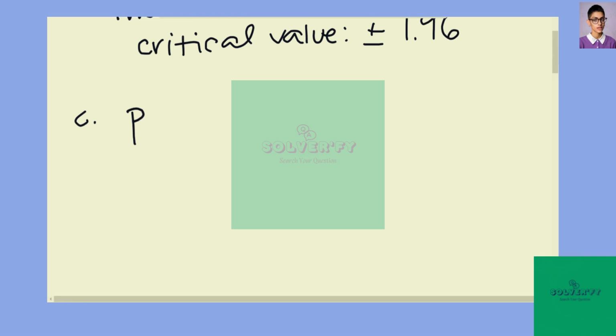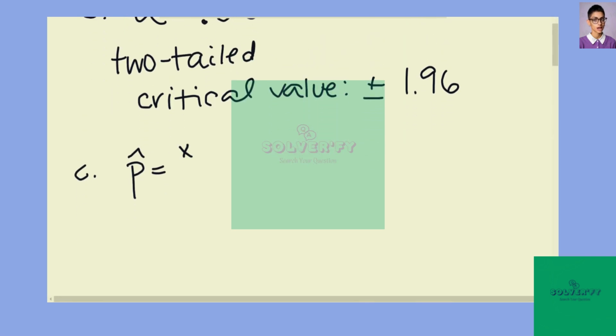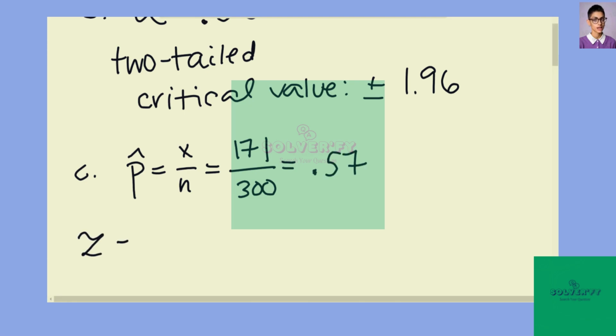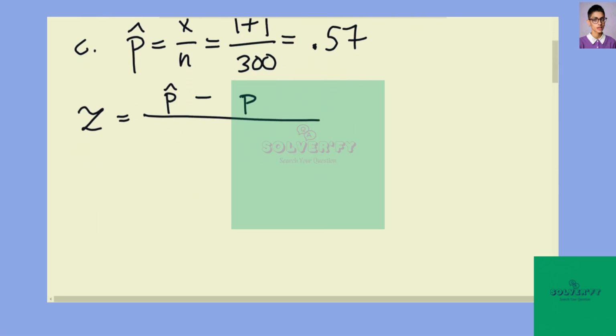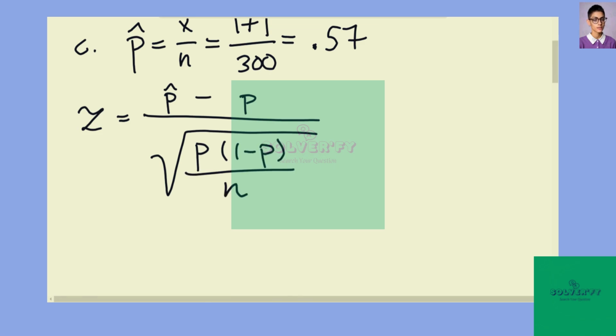Next, we need to find the test value. So first we need to find p hat, the sample proportion, and that is equal to x over n. So 171 over 300, which is equal to 0.57. So then z is equal to p hat minus p over the square root of p times 1 minus p, also known as q, over n.